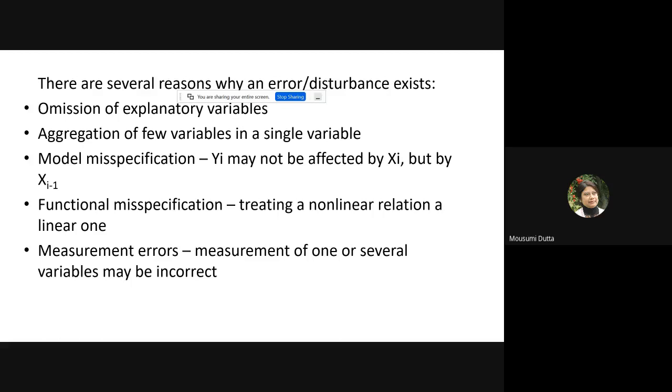For simplicity, if I consider time to be discrete, and if you consider a Cobb-Douglas type framework, you know that in that case, supply in the tth period does not depend on price of the tth period, rather it depends on price of the t minus 1th period. Suppose now you are considering the agricultural market and you are trying to estimate the supply equation.